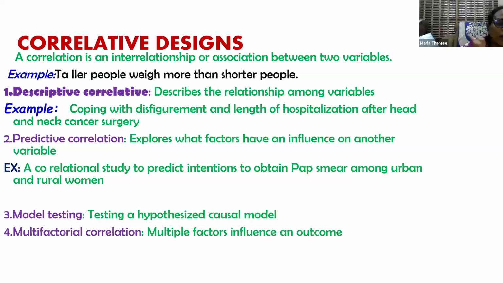So with whatever data we have in hand, we correlate and find out the model. And multifactorial correlation: there may be so many variables which can be related with each other, but the outcome will be what it would be. That will be dealt with in multifactorial correlation as such.